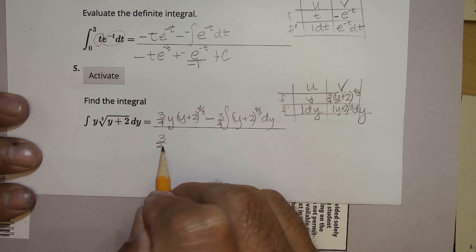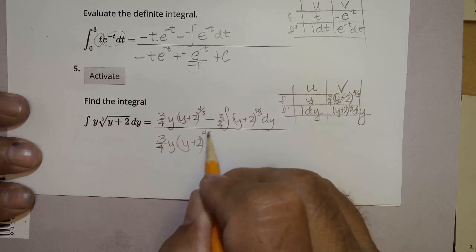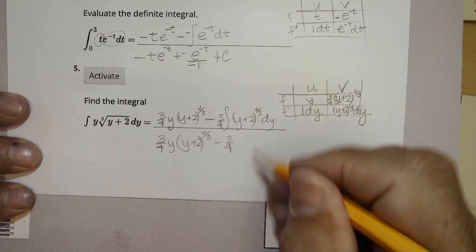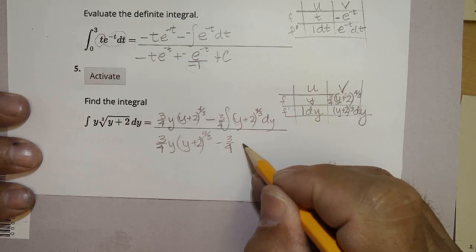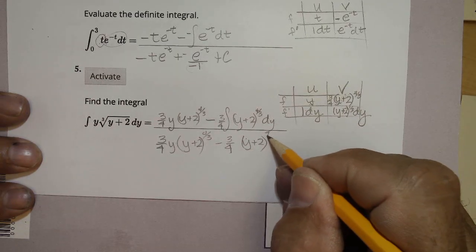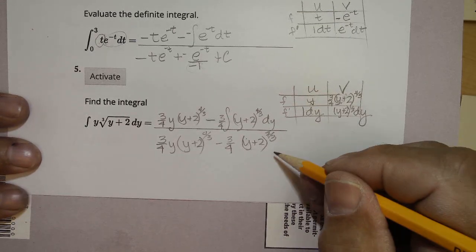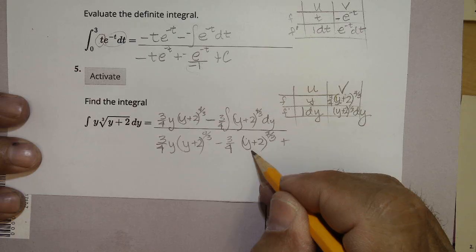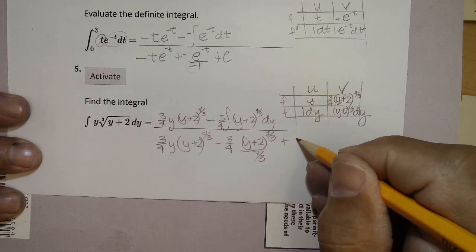So I get 3/4 y plus 2 to the 4/3 minus 3/4 times the antiderivative of this. I add 1 to this, which is 3/3. So that turns into y plus 2 to the 7/3, or 2 1/3, and divide by that. So divide by 7/3, or multiply by 3/7.